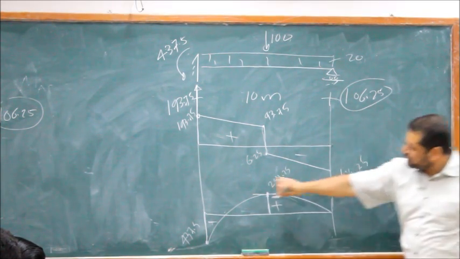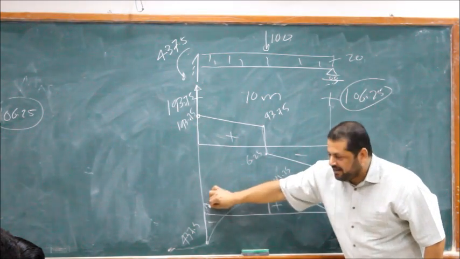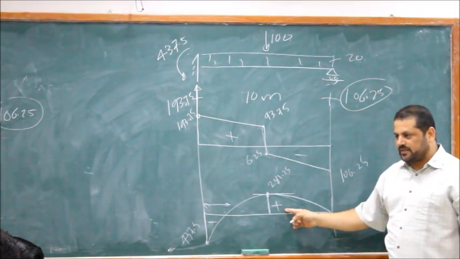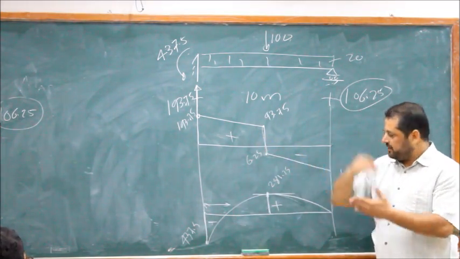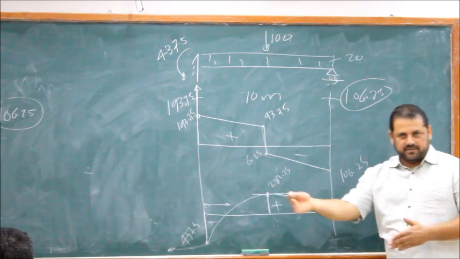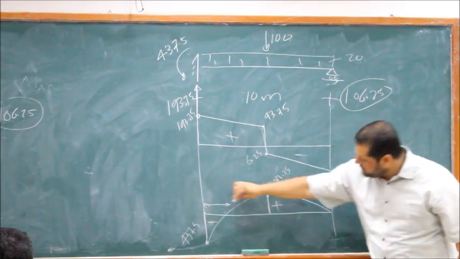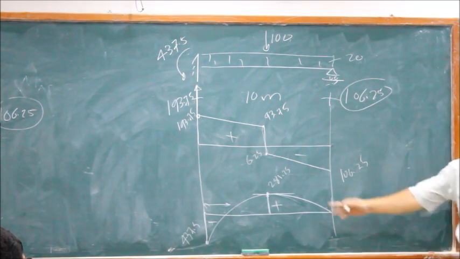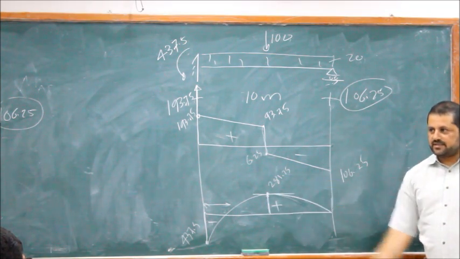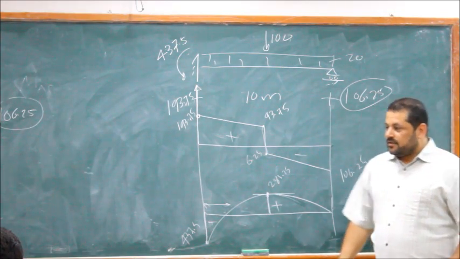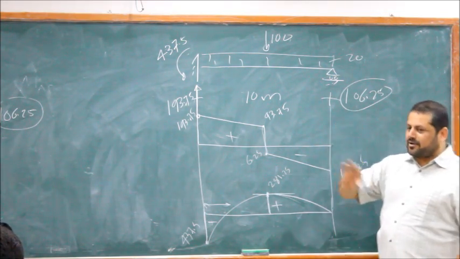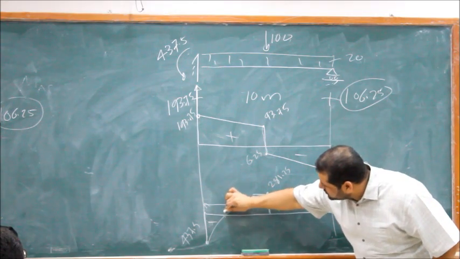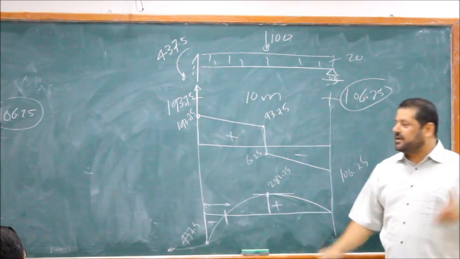You should tell the guy this is negative moment, this is positive moment. He needs to know where to stop the steel if we're designing reinforced concrete. So how much is this one? How do you know this? What do you know about this point? Moment is zero.